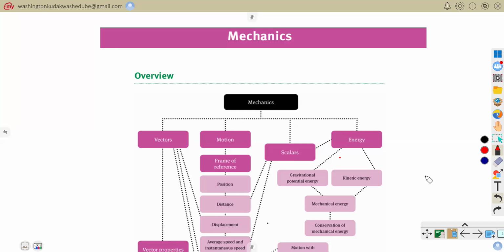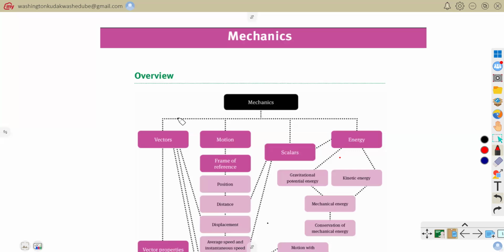We are going to start by defining mechanics, and then we'll go into defining physical quantities and group them into two broad groups, which are vectors and scalar quantities. From there, we will list down the examples which fall under each, and then go deep into vector quantities, how we represent them and how we solve for the resultant vector.